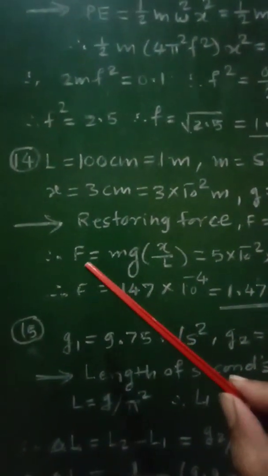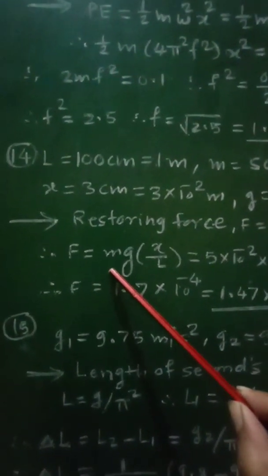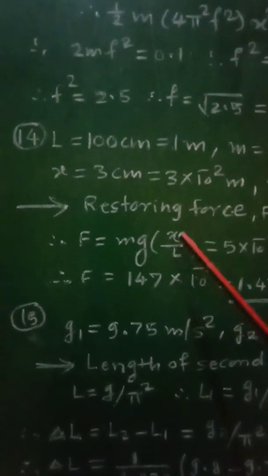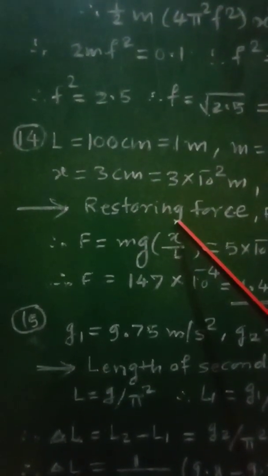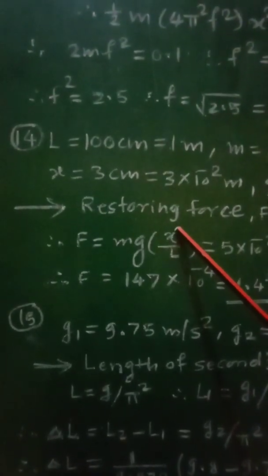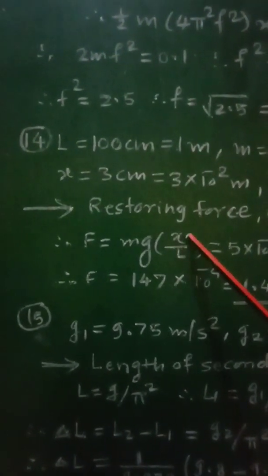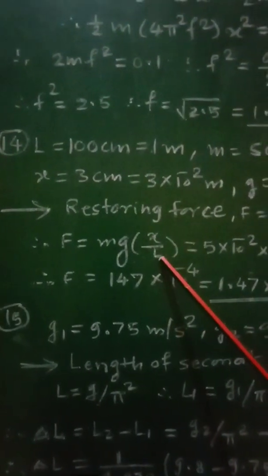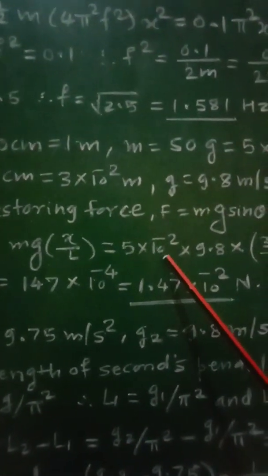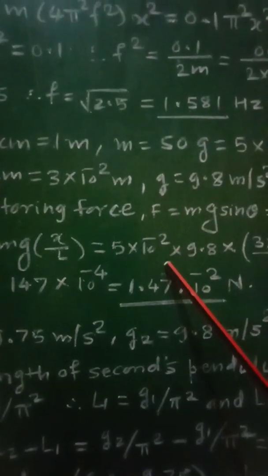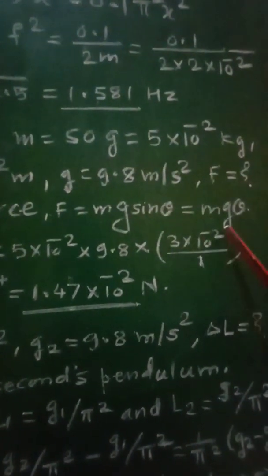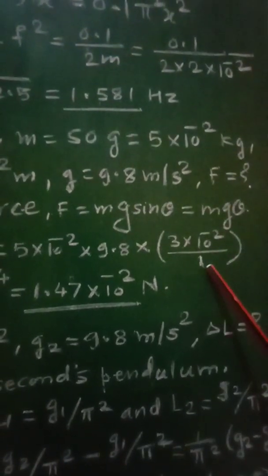Therefore we can write F is equal to, in this case, theta is equal to x upon L, that is arc upon radius, that is displacement from mean position of that bob divided by length of the string, that is F is equal to mg into x by L. That will be written as 5 into 10 raised to minus 2 into 9.8 into 3 into 10 raised to minus 2 upon 1.